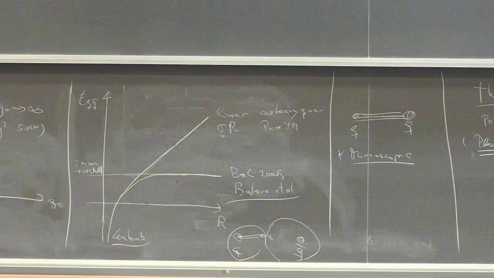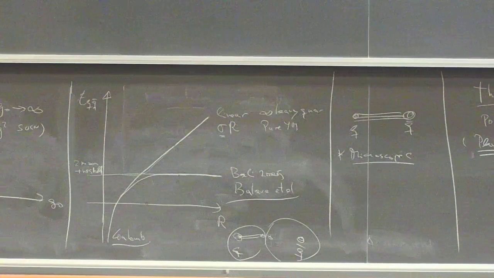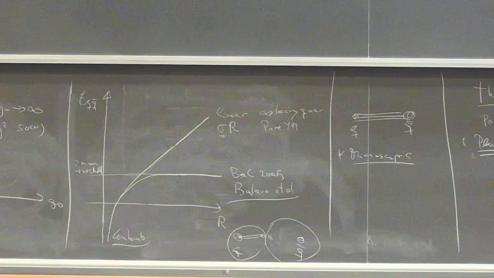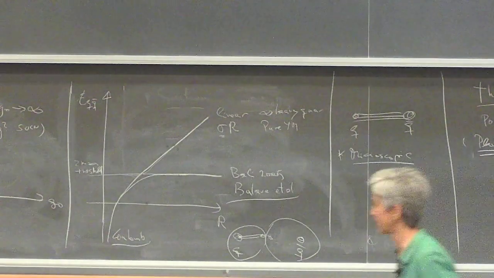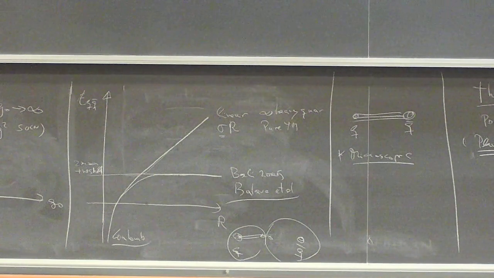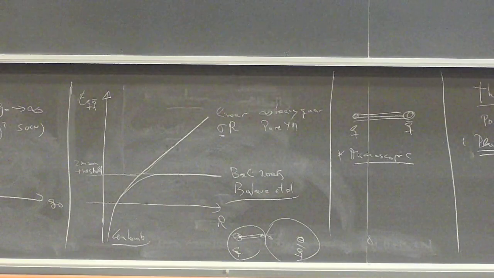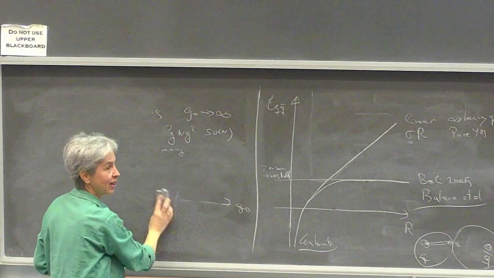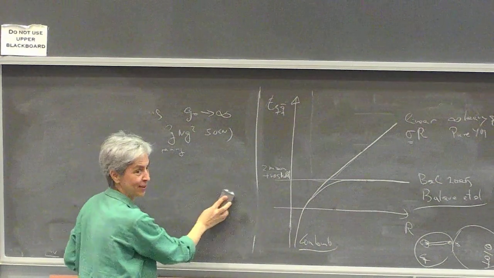Okay, I go on. Then I will talk a little bit about large N results on the lattice. And in the afternoon, I will go on to the finite volume and the semi-classics and these kinds of things. Okay. So I still have 45 or what?